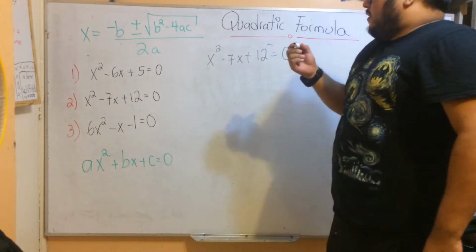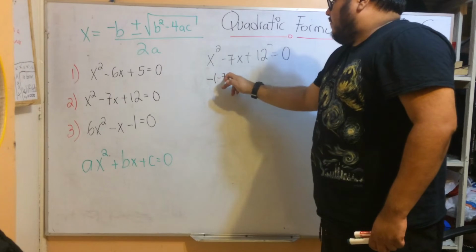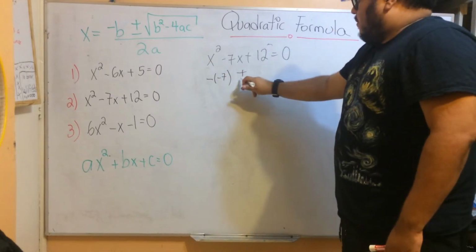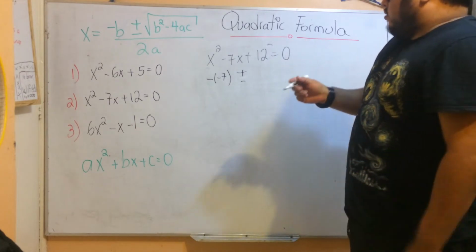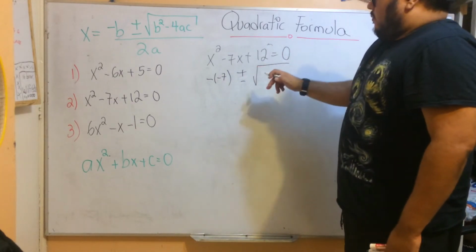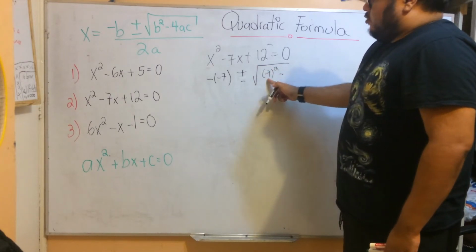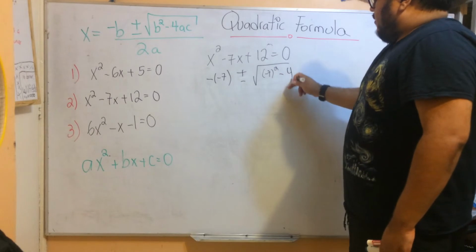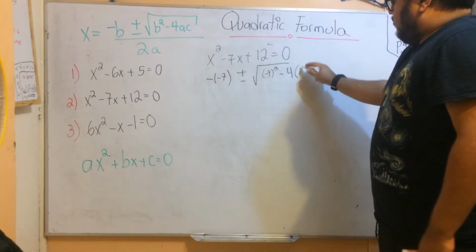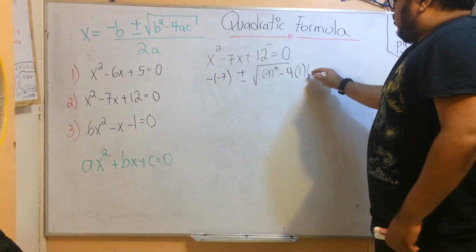Okay, so let's put it into the quadratic formula. So we have minus 7, plus or minus. Remember that this is what gives us the two answers. Then we have the square root of this one squared, because this one is b, minus 4 times a, which is 1, times c, which is 12.